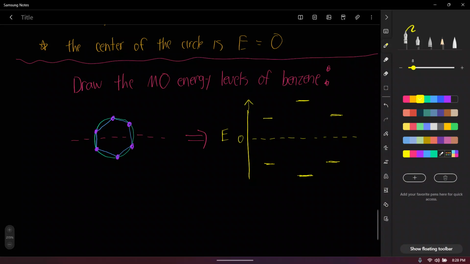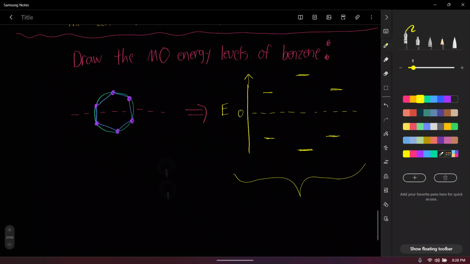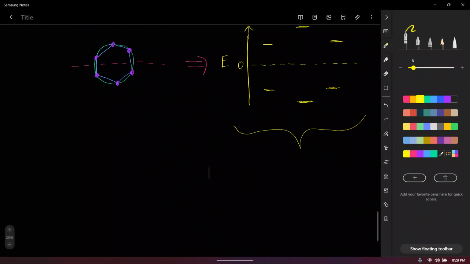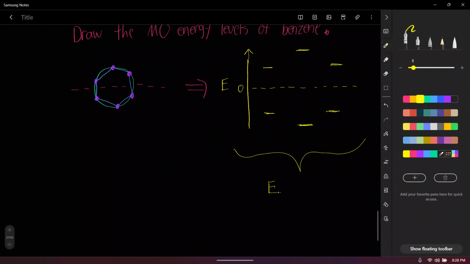So this would be the energy levels of the molecular orbitals of benzene.